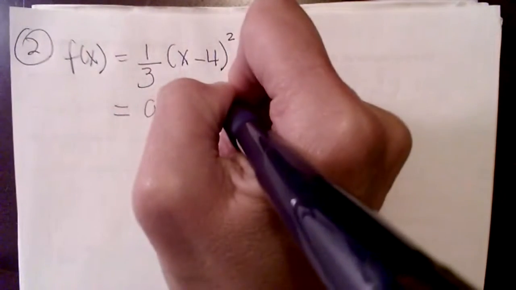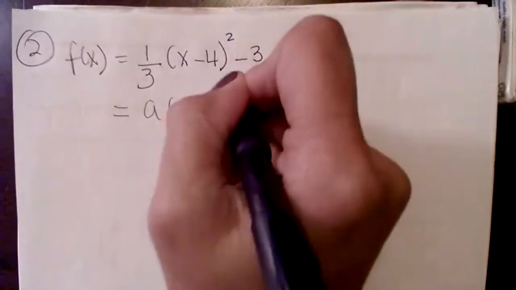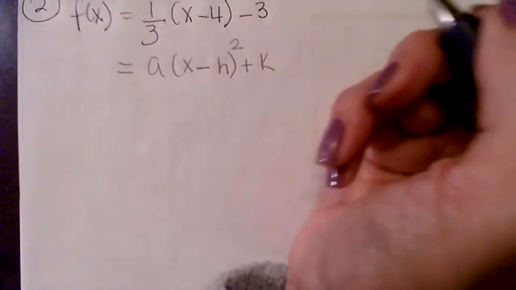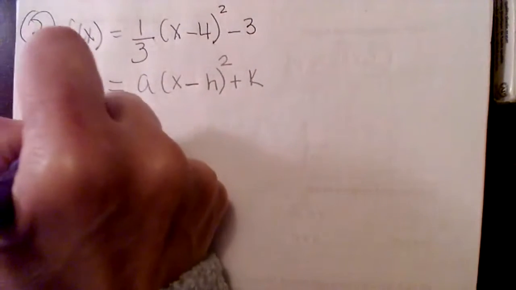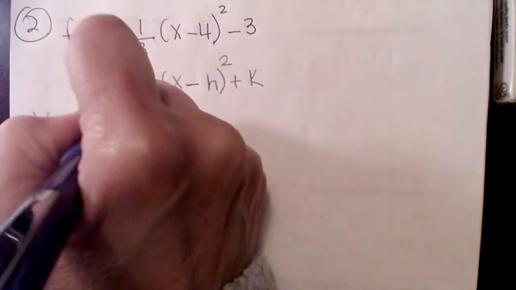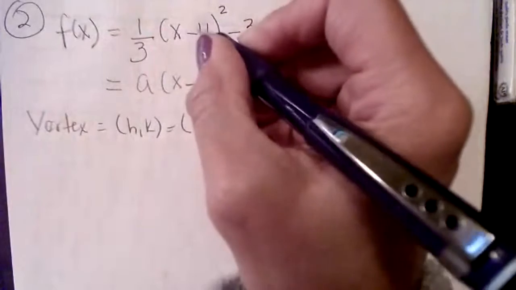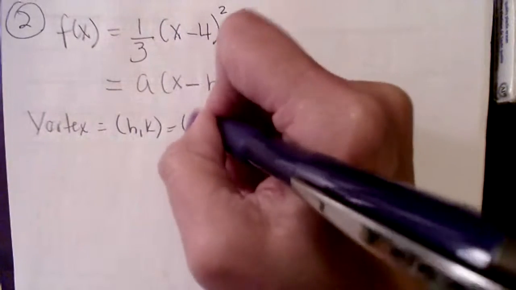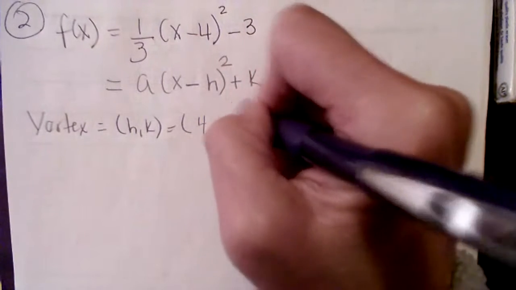So again, based on this, my vertex is what? h is positive 4 and k is negative 3.